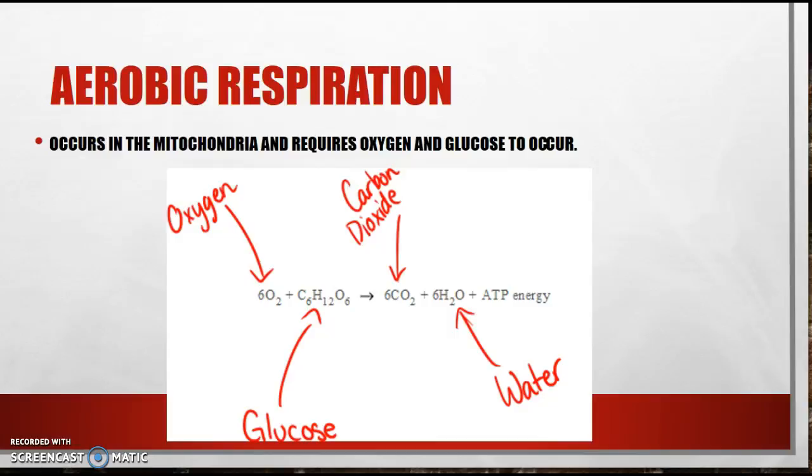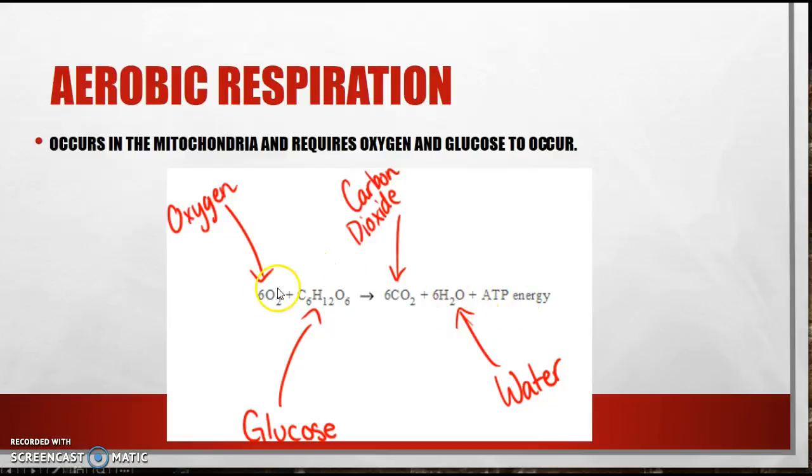The very first thing here, this is oxygen, and it's just saying there are 6 molecules of it. This C6H12O6 is just another chemical form for glucose, your food, right? CO2 is carbon dioxide, H2O is water, and again there are 6 molecules of each of these, and then ATP.